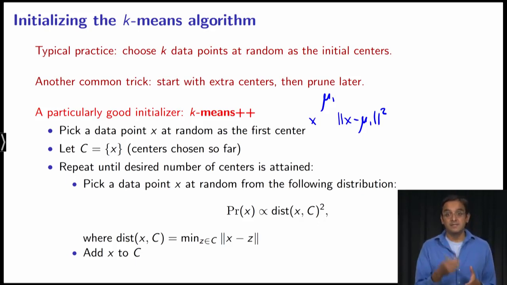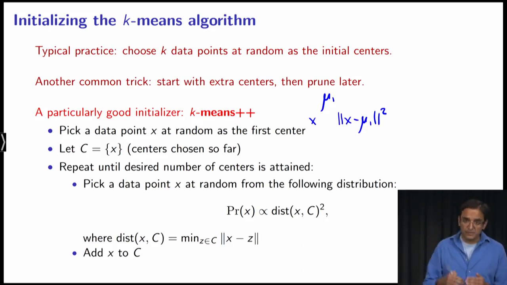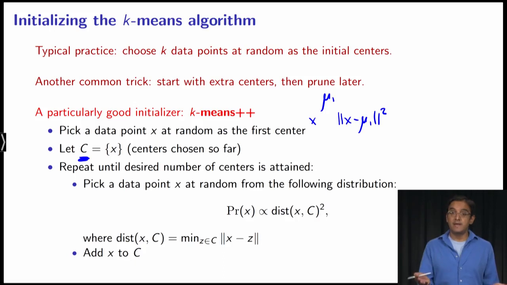Okay? So in this way, the second center, mu2, is picked. How do we pick the third center? Well, again, we pick at random from the data set, but now we favor points that are far away from both mu1 and mu2. And we keep going in this way until we have all k centers. Okay? So a little bit more formally, at any given time, we've picked a bunch of centers C. How do we pick the next center?